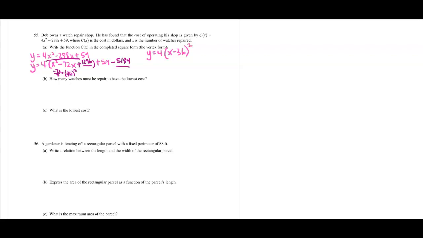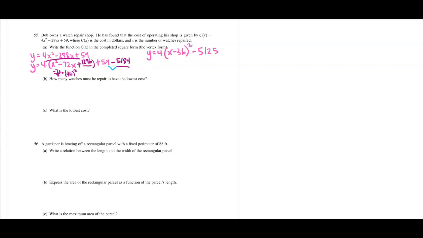Now I just need to combine these together to get my last term over there. So if I minus off 59, that gives me negative 5,125.